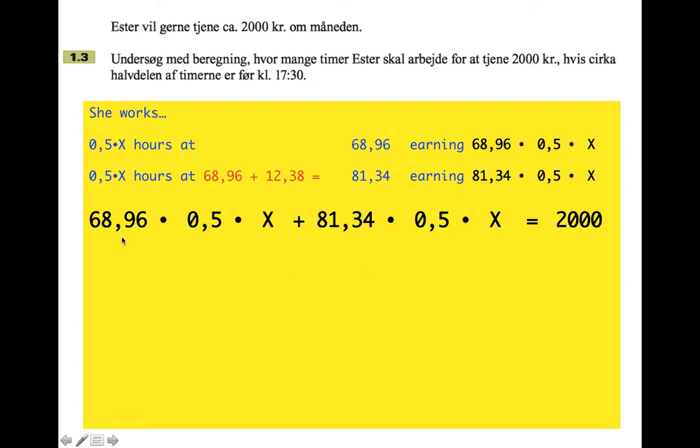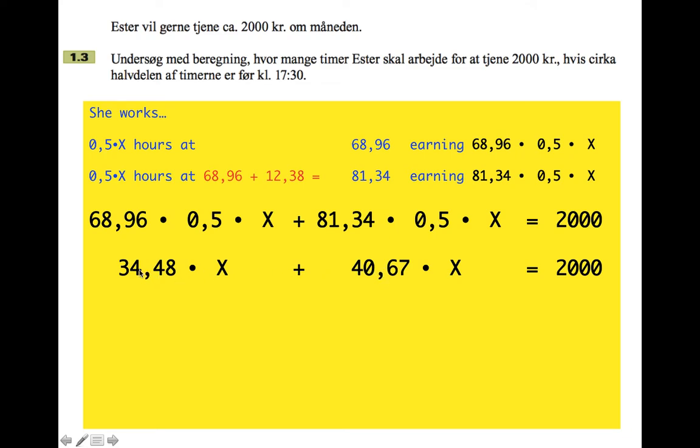Well, you can simplify all of this. 68.96 times a half times X is the same as 34.48 times X, because 68.96 times 0.5 is 34.48. And similarly, 81.34 times 0.5 is 40.67.